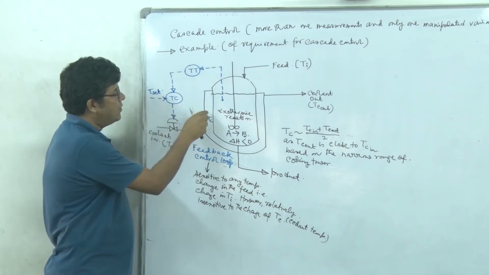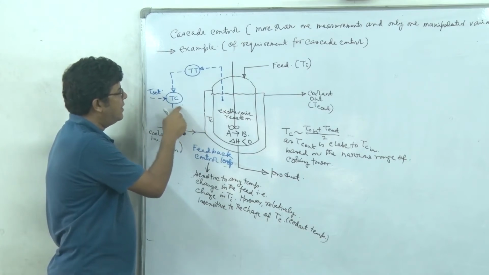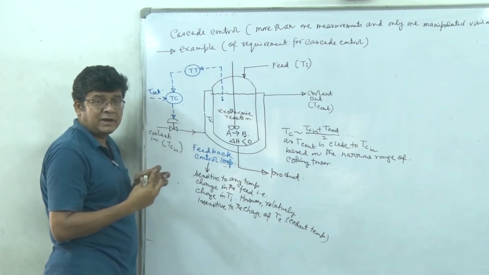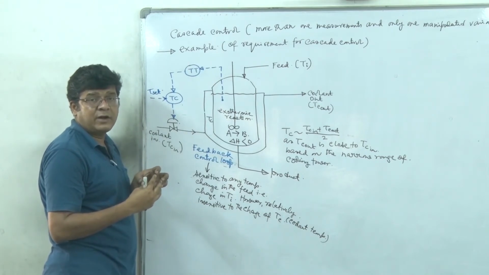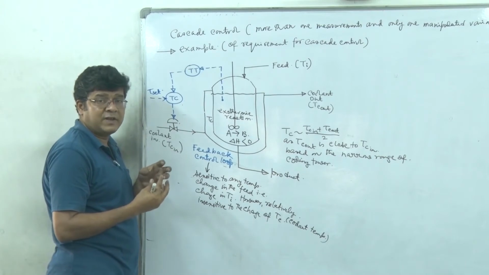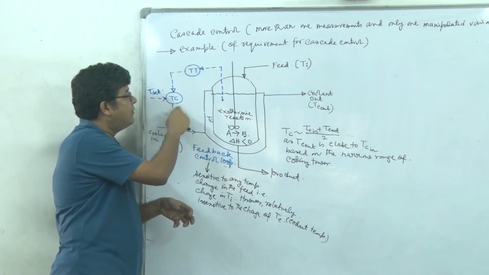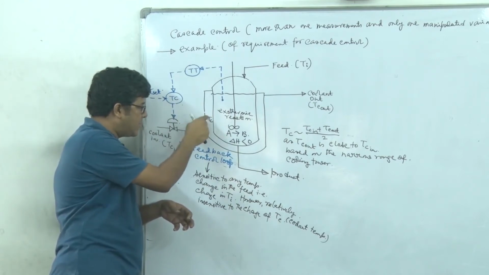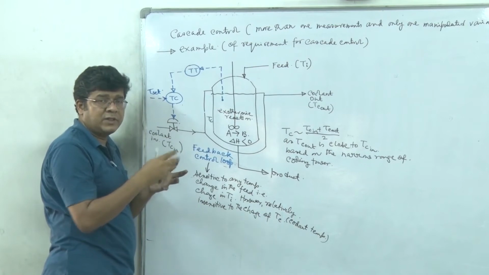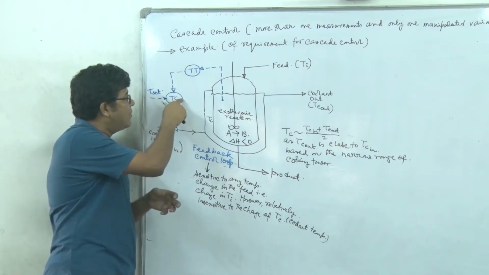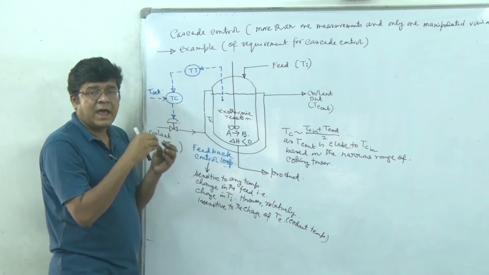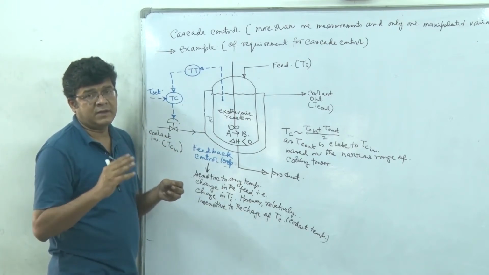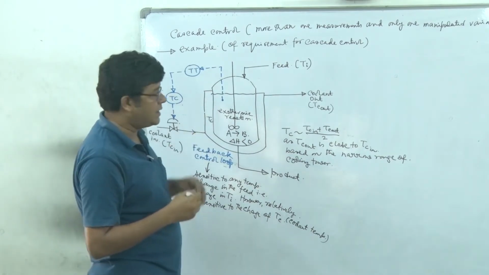A second controller whose measured variable will be Tc, and it's taking this input as its set point, right? What is the set point here? The set point will be what should be the actual value of Tc in order to rectify that. And this current value of Tc will be compared with this actual value, that is the set point being delivered by this controller, and then finally we will generate the corrective measure. Okay, so that is called the cascade control.